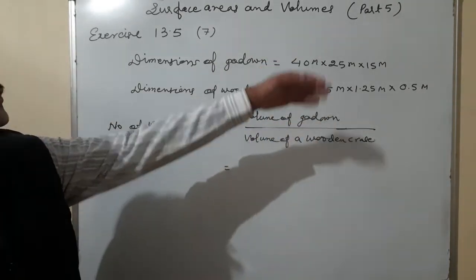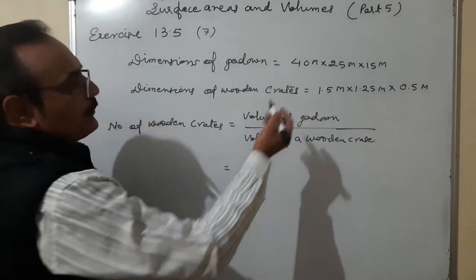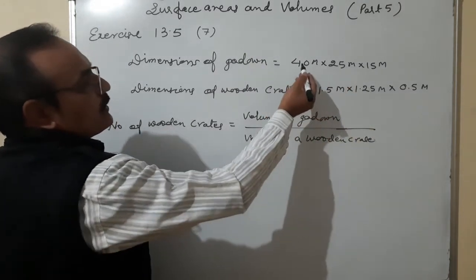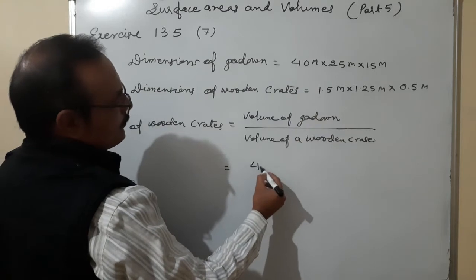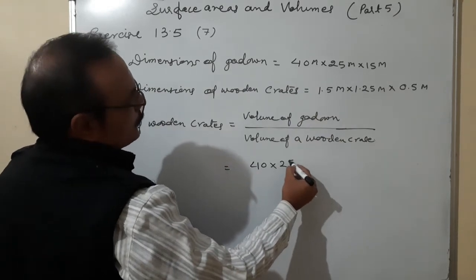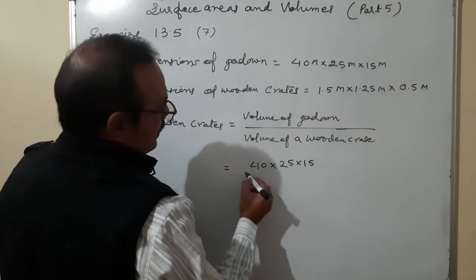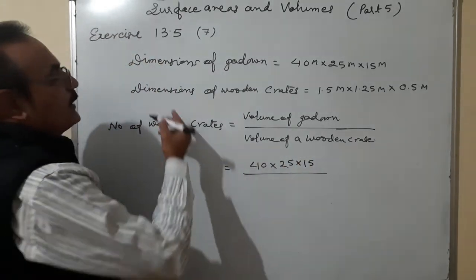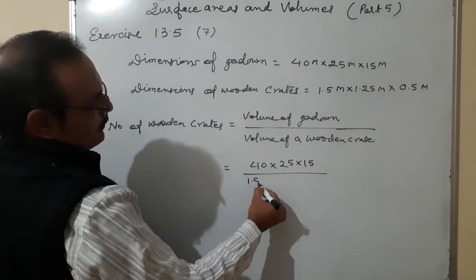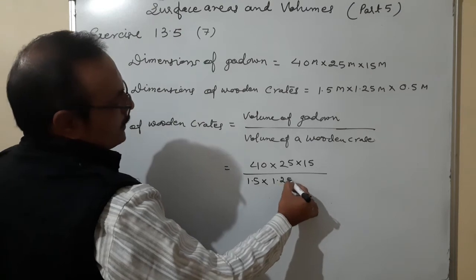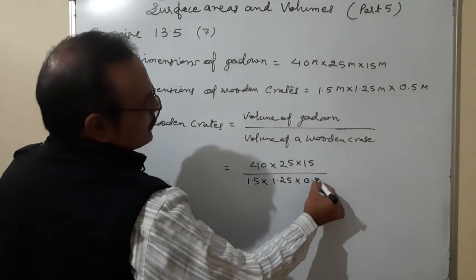Volume of godown, length into breadth into height, because it is in the shape of a cuboid, L into B into H. So I'll write here 40 multiplied by 25 multiplied by 15 upon the volume of a wooden crate, 1.5 into 1.25 into 0.5.